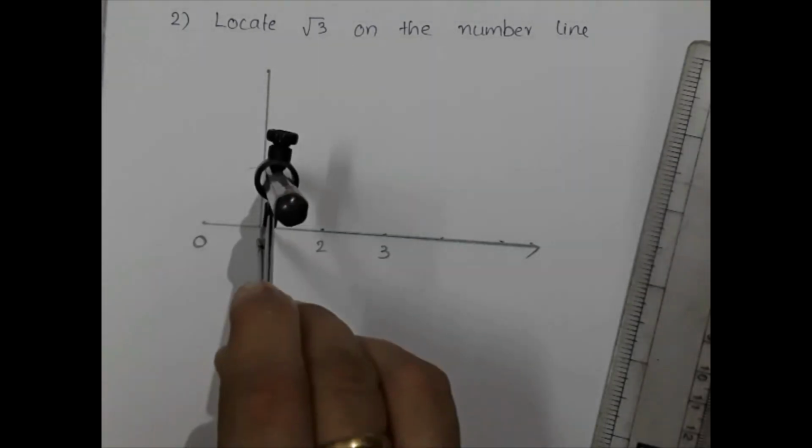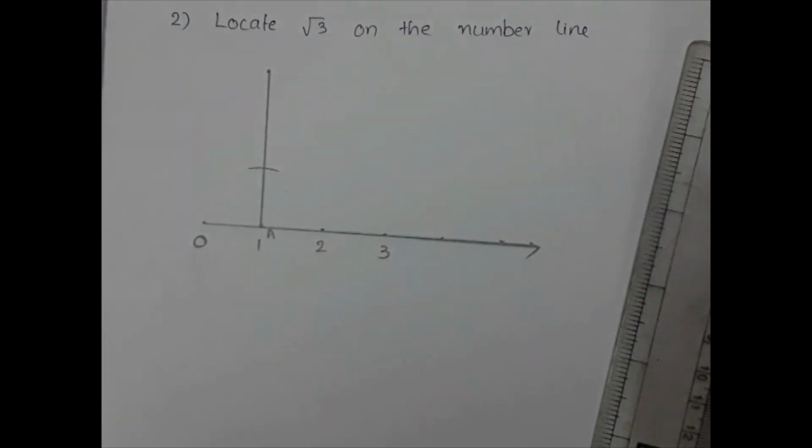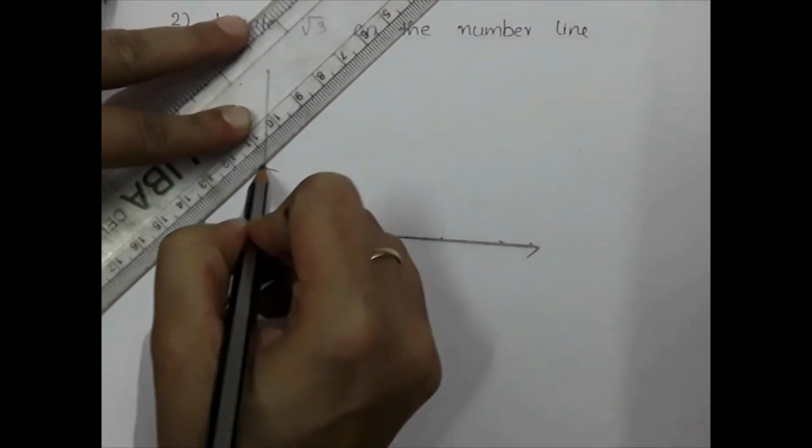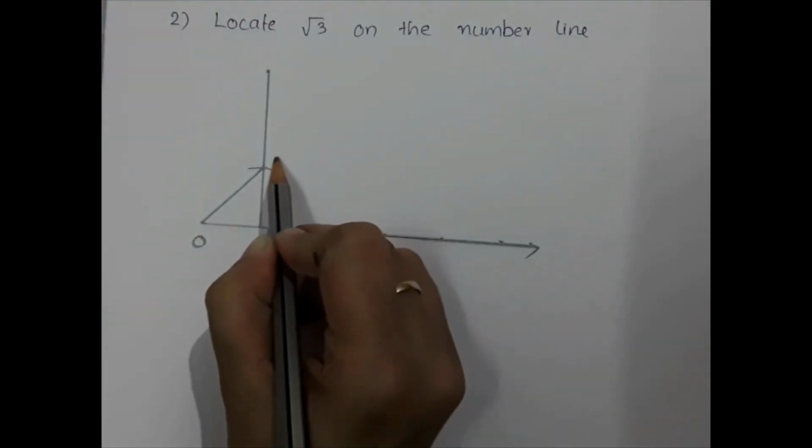Then join these two, that is, this point and O, and mark that as B.